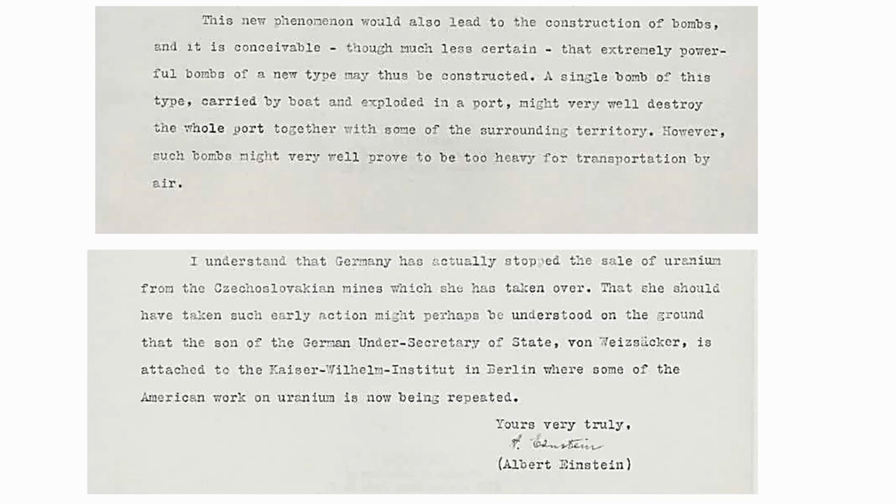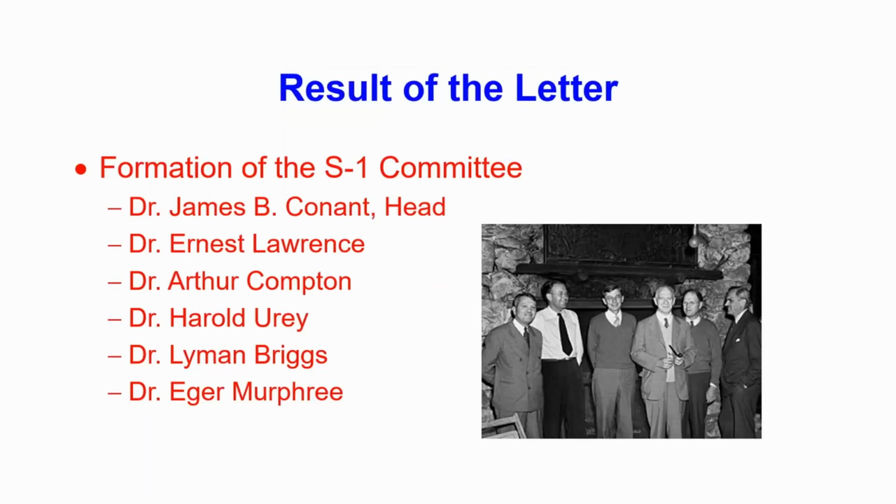And so as a result of that, there was a committee formed, and James Conant, who was president of Harvard, was the head of the committee. Ernest Lawrence from Berkeley, Arthur Compton from Chicago, Harold Urey from Columbia, Lyman Briggs from the National Bureau of Standards, and Igor Murphy, who was an industrial chemist, were on this committee.